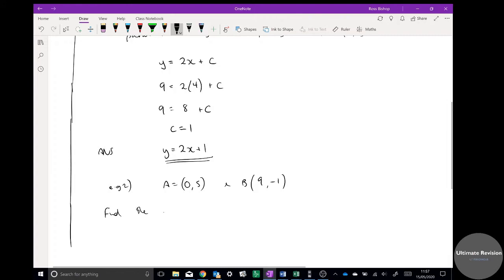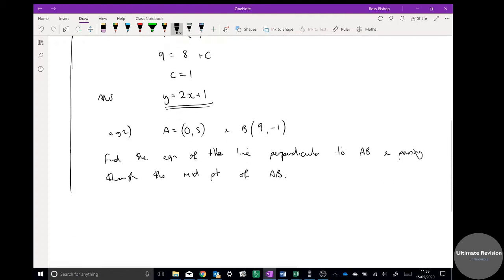Find the equation of the line perpendicular to AB and passing through the midpoint of AB. So a few things I'm going to do.